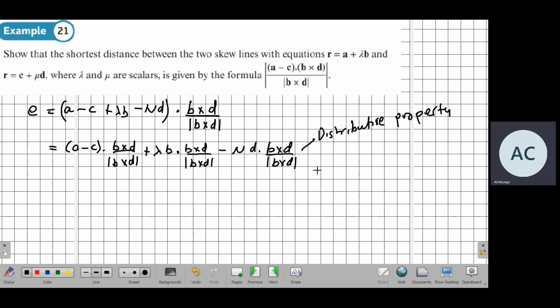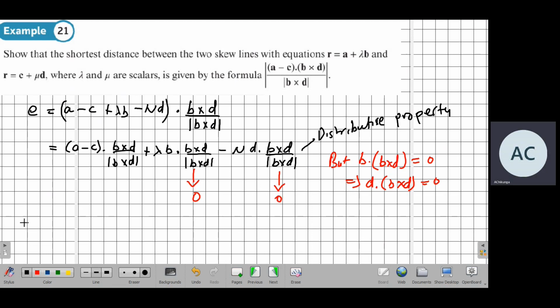But what is it that we can remember from the associative properties of the dot and the cross product? We remember that B dot B cross D is equal to 0, which further suggests that D dot B cross D will also be equal to 0. Okay, so what does this mean? This whole part here is going to be equal to 0, and this whole part here is also going to be equal to 0.